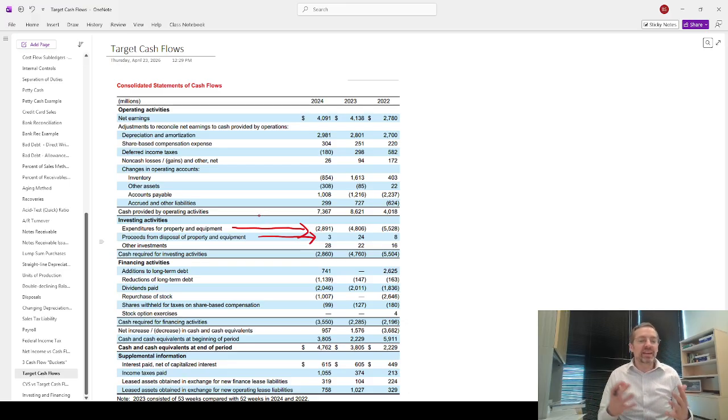Now, we can't get this information just from the balance sheet or just from the income statement, because the other financial statements often summarize this data into one number. For example, the balance sheet would show we just had a change in property, plant, and equipment.